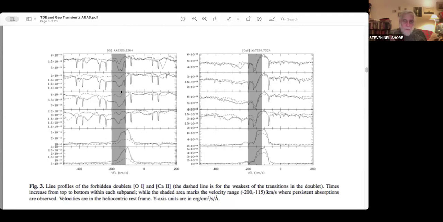Now, the reason I'm showing this is that before we talk about what else the envelope was doing, while the system was still bright, there was something very remarkable in the spectrum. This absorption line. It may not seem like much, but this is a forbidden line. If it were a normal stellar photosphere, you would never be able to see this line except in extremely high resolution observations for a surface with this kind of spectral energy distribution.